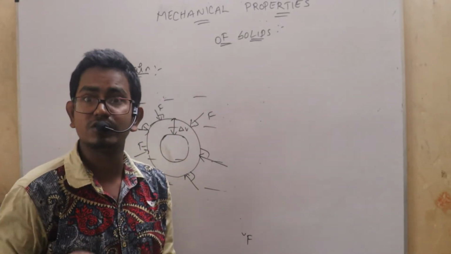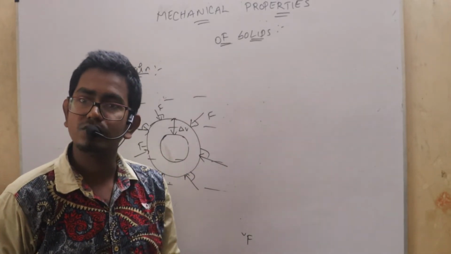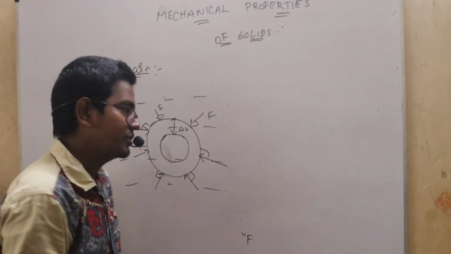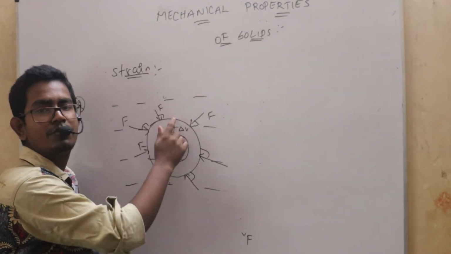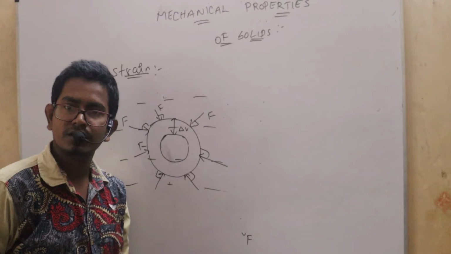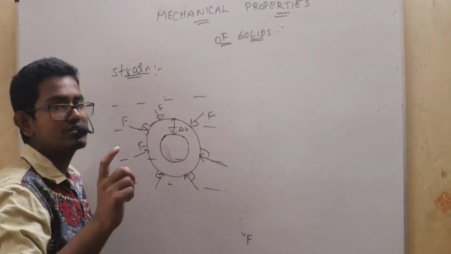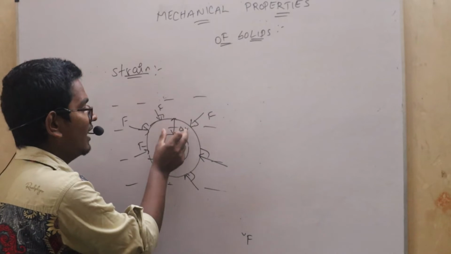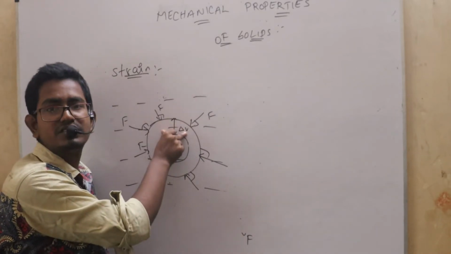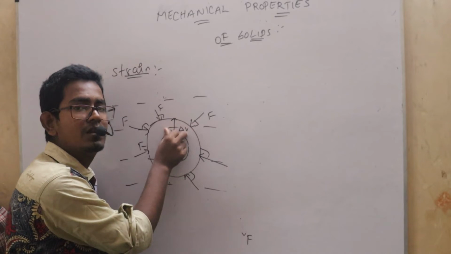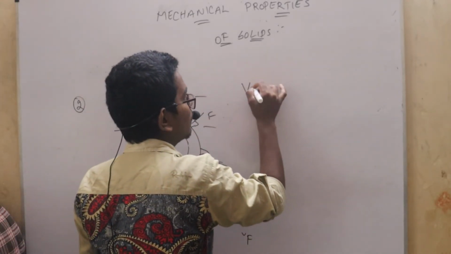That means it will regain its original volume here, once the deforming force is removed, because of the restoring force which is generated inside the object due to the deforming forces. So you can see here, that will be known as the volume stress. Here, as I am able to see the change in the dimension, the change in the volume, it will be known as the volume strain.